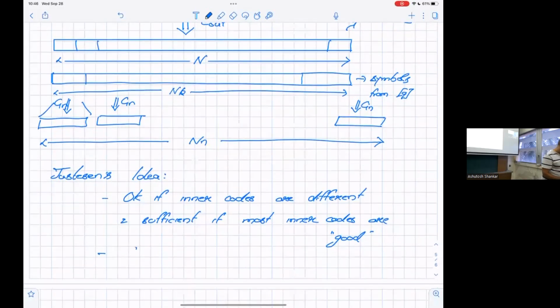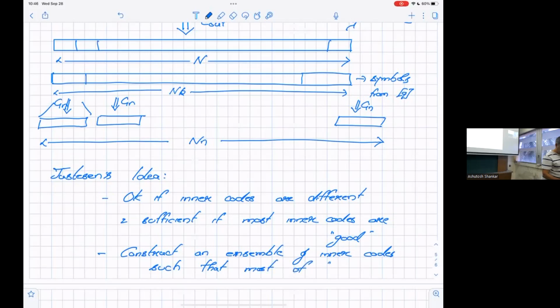And then construct an ensemble of inner codes such that most of them are good.